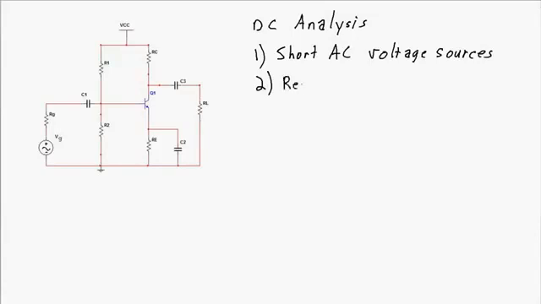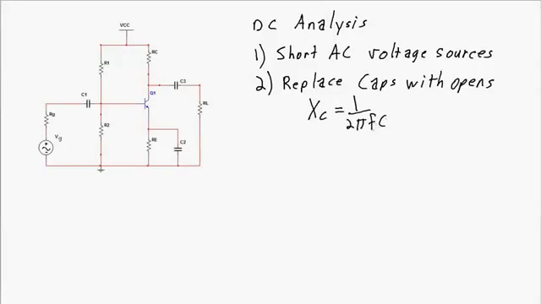Then I replaced all of the capacitors with opens, because once again, remember, the reactance of a capacitor is 1 over 2 pi f C, and at DC the frequency is 0. So the reactance of the capacitors approaches infinity.